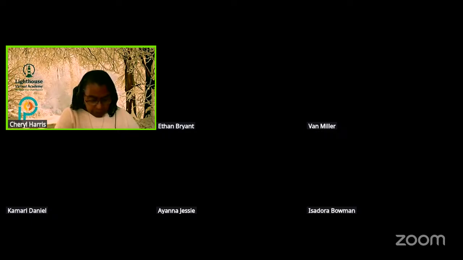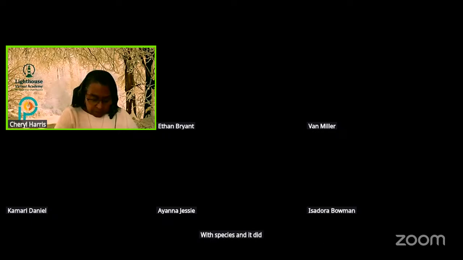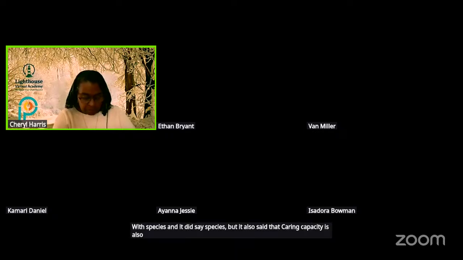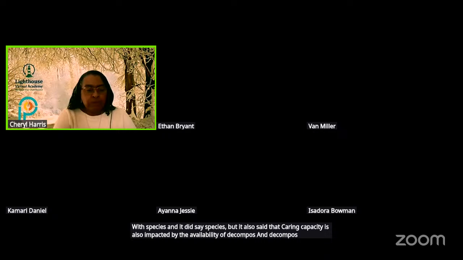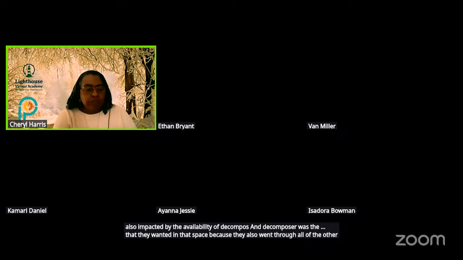On the carrying capacity worksheet, quite a few of you answered question 7 with species. It did say species, but it also said that carrying capacity is also impacted by the availability of these decomposers, and that was the answer they wanted in that space, because they also went through all of the other issues in the sentence.